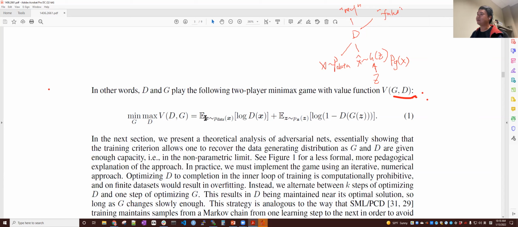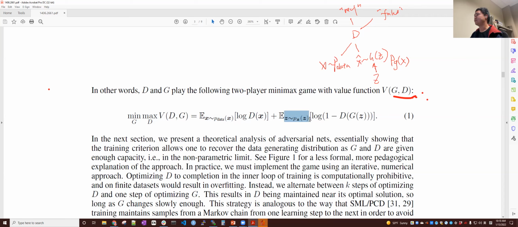Basically, we sample some real data from our real distribution, and we want to maximize the log likelihood of the discriminator making the right decision. Because this is real data, D(x) is the probability that the discriminator thinks the real data is real.